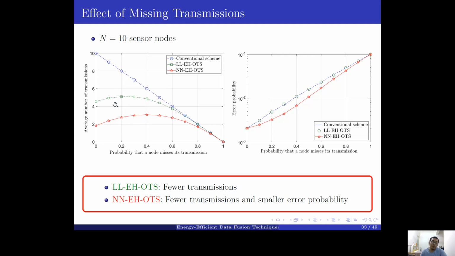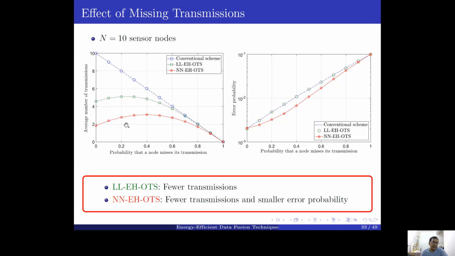Now, NNEH OTS improves upon LLEH OTS because when a node misses a transmission, the fusion node has a better estimate of the range in which a missing metric can lie, and it can use it to make the decisions much faster.